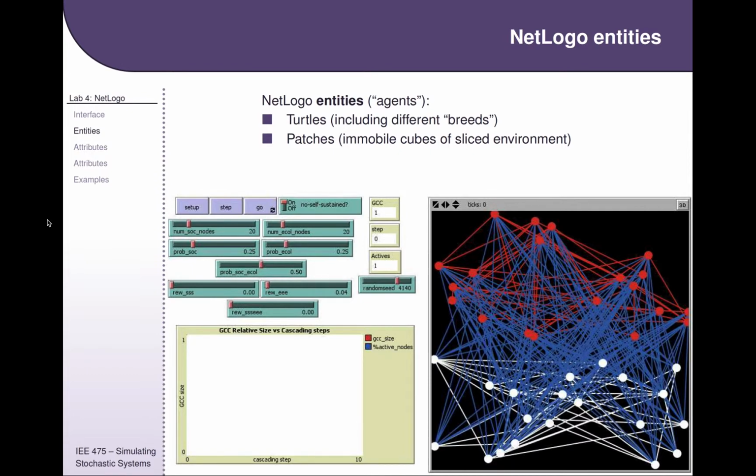there are other types of entities known as patches, and they are immobile cubes of the environment, if you slice the environment up vertically and horizontally into little pieces. I still call these entities in terms of NetLogo, although in our discrete event system simulation framework, a lot of times the patches might be viewed like resources.